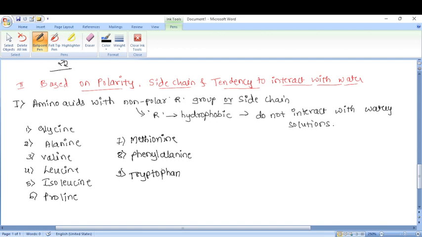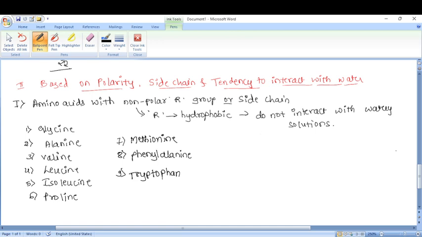These nine amino acids are the non-polar amino acids: glycine, alanine, valine, leucine, isoleucine, proline, methionine, phenylalanine, tryptophan.